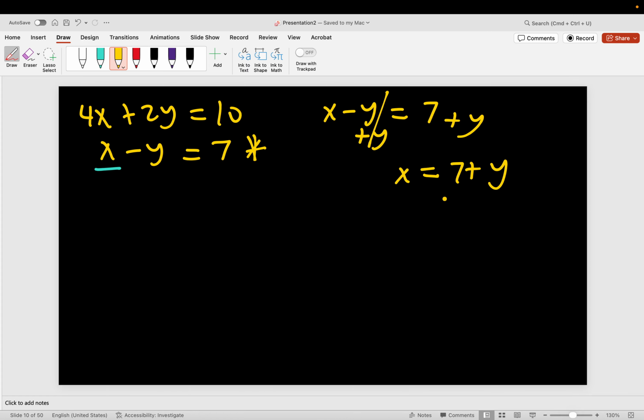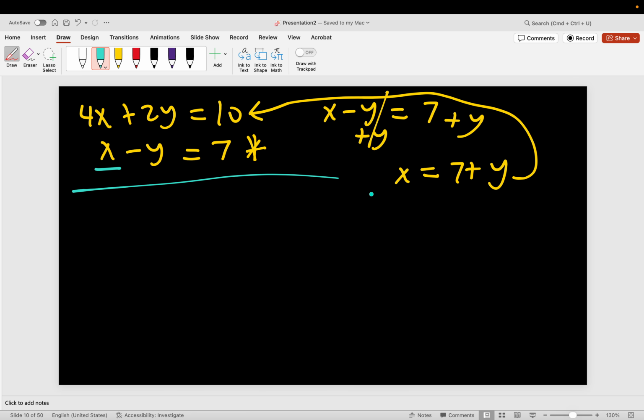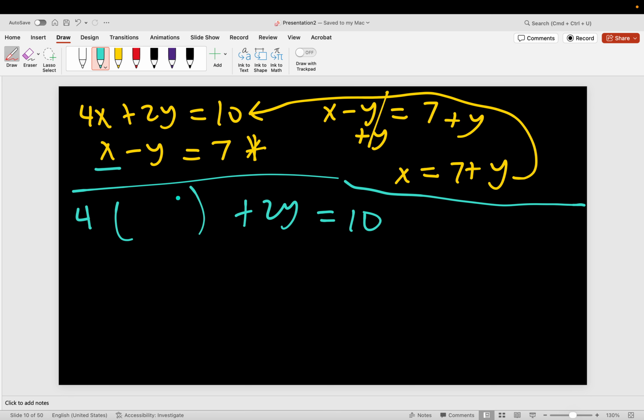Now I'm going to plug it into the other one, not the one I started with, but the other one, which in this case is this one, right? So now let's plug it in there. So now it's going to be 4, I'm not going to write x, plus 2y equals 10, because instead of x, what am I putting in there? 7 plus y.